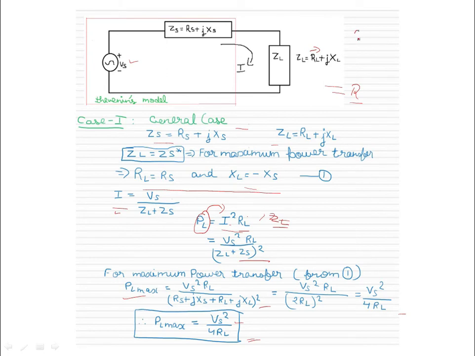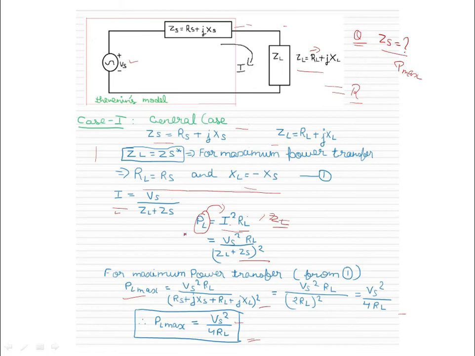In some examinations, people ask this question: find the value of ZS for maximum power transfer. See, this theorem is applicable when the source impedance is constant, it is not variable, and only ZL is variable. But if ZS is variable, then what? So what is the value of ZS for maximum power transfer?